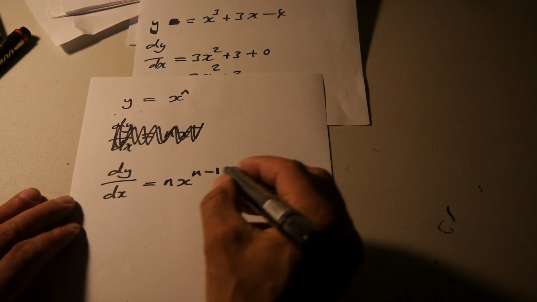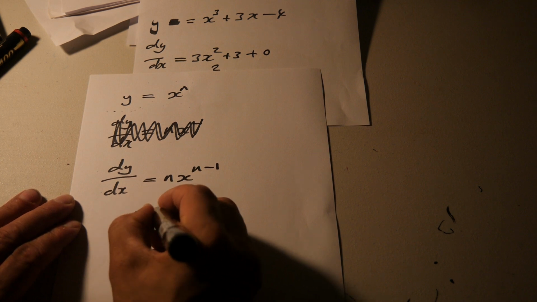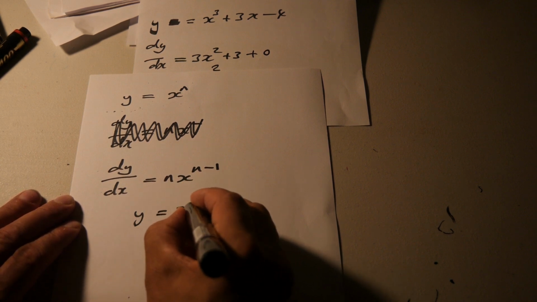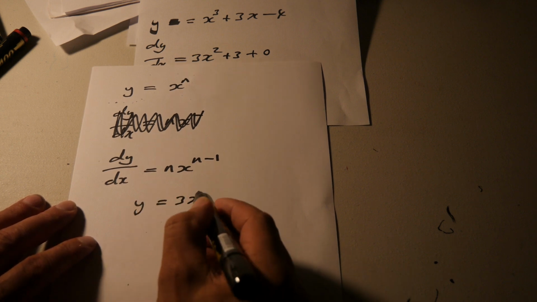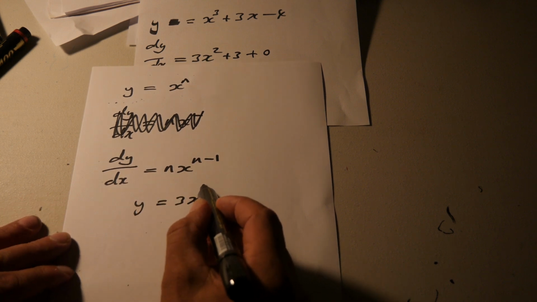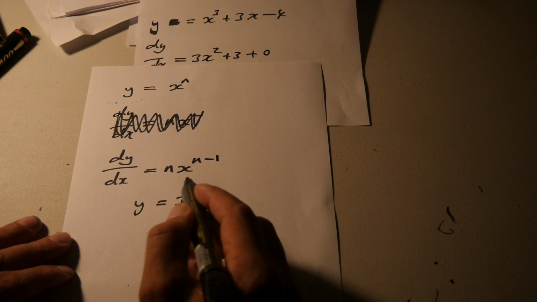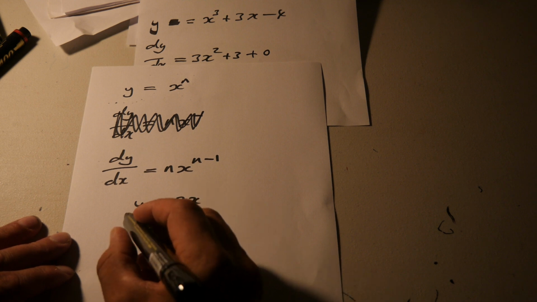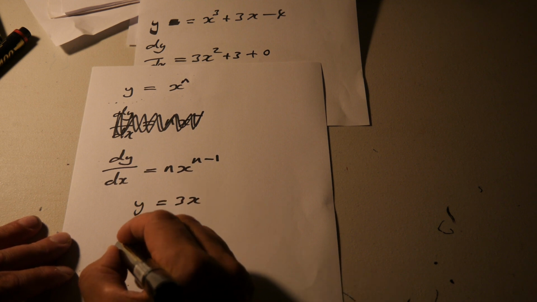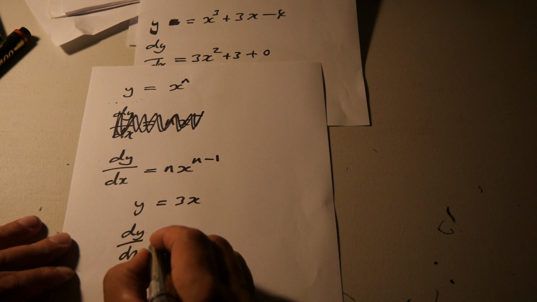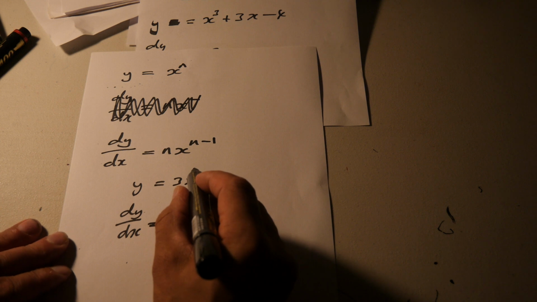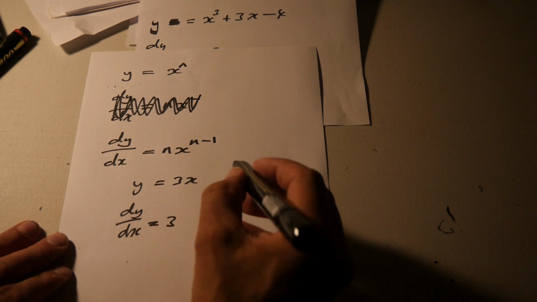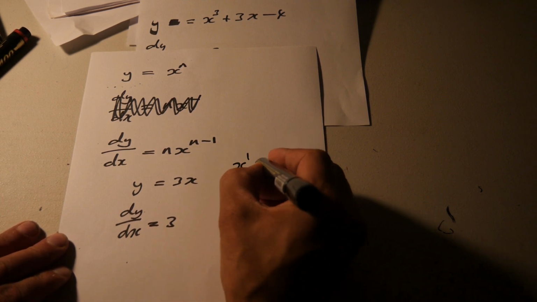So when you have y equals 3x, okay, the 1 there, this power 1 comes down, okay, so you get 3, and then 1 minus 1 is 0, because x to the power 1 equals x.